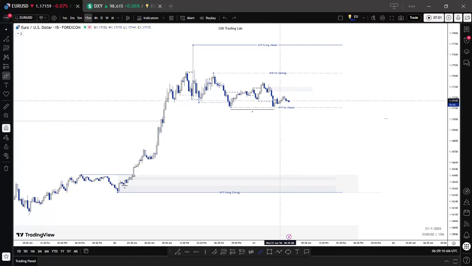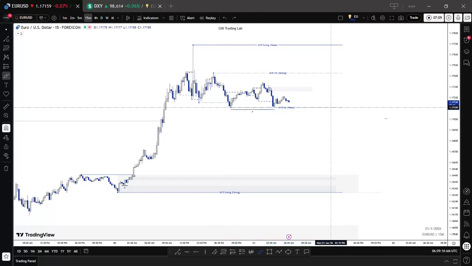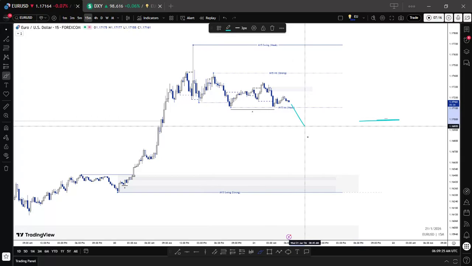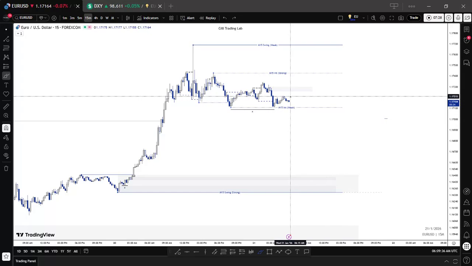So for me, since we are still within this internal range, and from the higher time frame, I want to be looking for shorts, and also on the M15, I want to look for shorts. We're still in the premium prices, so there's cause for price to mitigate discount prices. So I'll be waiting for a supply to form during session, an order flow shift.